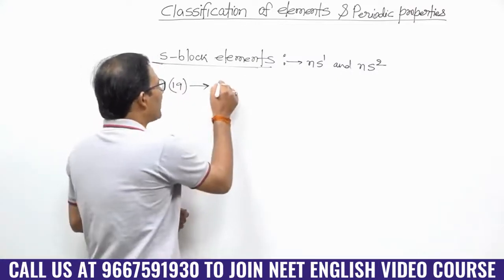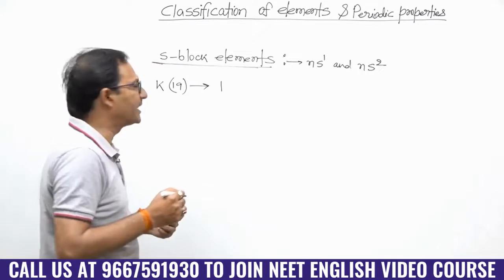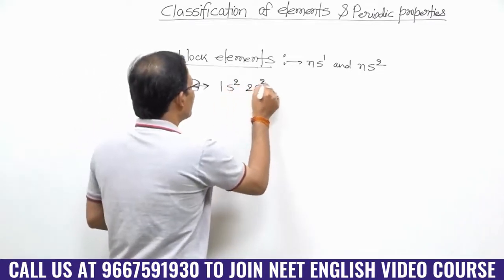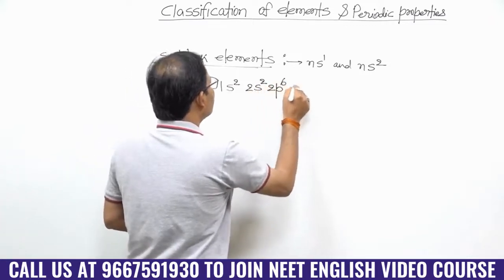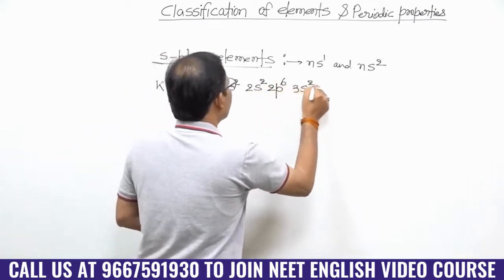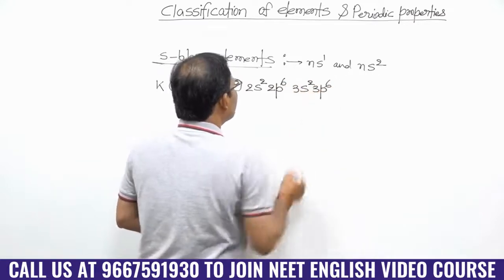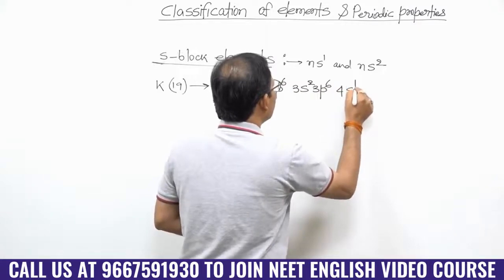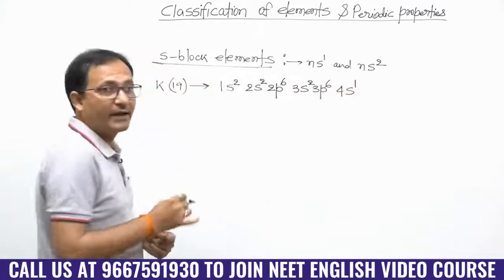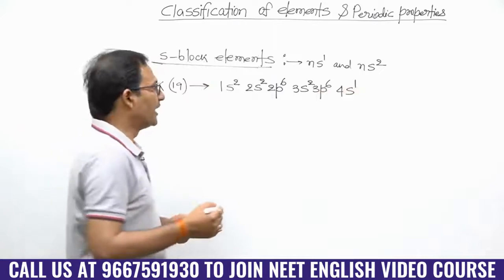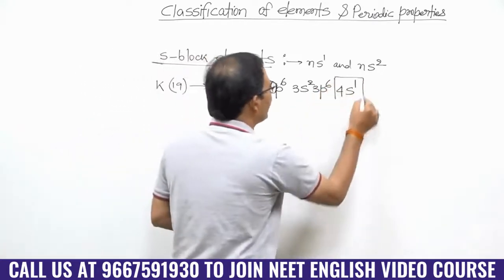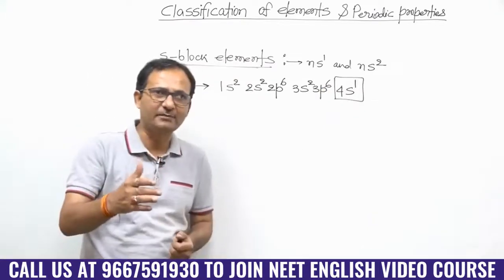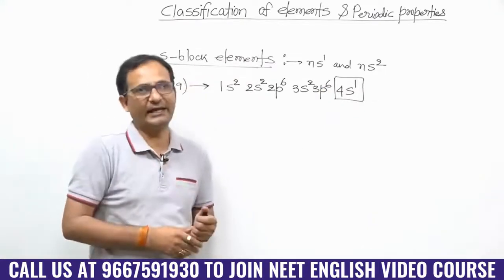Therefore, its ground state electronic configuration will be 1s2, 2s2, 2p6, 3s2, 3p6 and after this 4s1. So look here, in potassium, the last electron enters into s orbital and therefore potassium is an s block element.